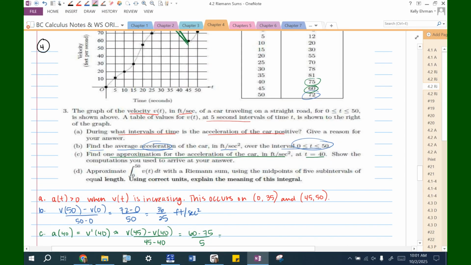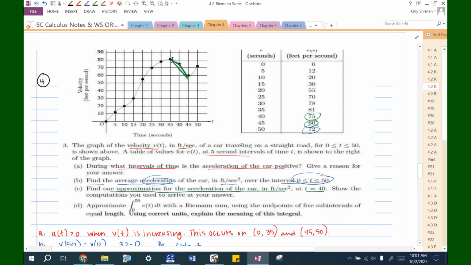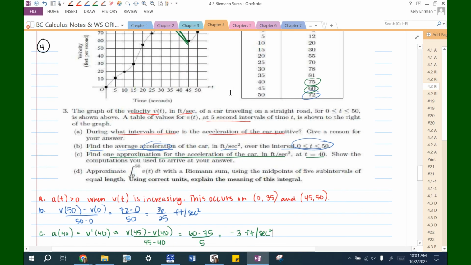That's negative 15 over 5. So negative 3. Again, this is an acceleration, so feet per second squared. If you went from 35 to 40, you'd get a slightly different answer. If you did 35 to 45, different answer. So I think any three of those would be acceptable.